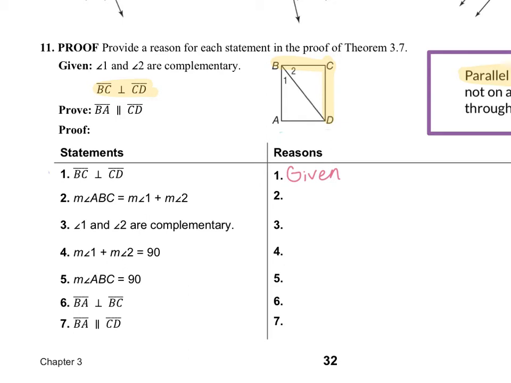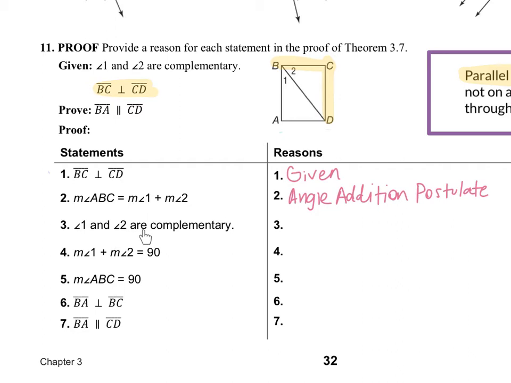If you remember on your cheat sheet from a few days ago that had all of the postulates and theorems, this is known as the angle addition postulate. This whole angle is equal to the sum of angles 1 and 2 because of the angle addition postulate.